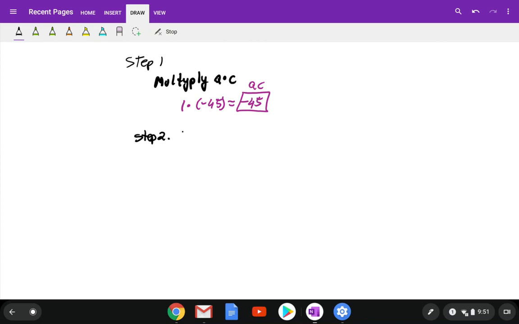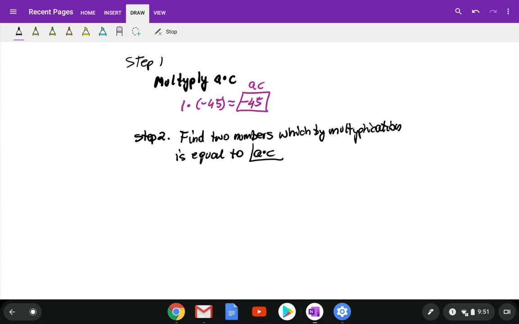Step 2. Find two numbers which by multiplication are equal to a times c, in our example, negative 45.